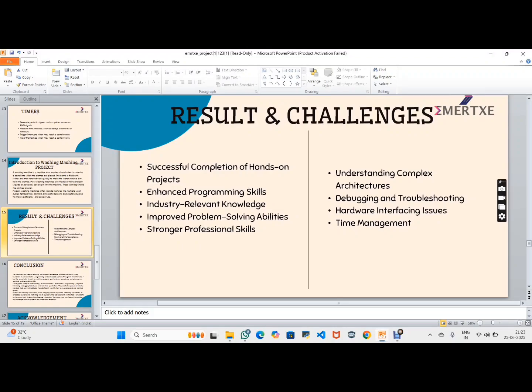Improved problem-solving abilities. From this, I am able to solve problems like coding in embedded system C programming, and I gained stronger professional skills, understanding complex hardware and software architecture, how to implement it, and how to load files in the implementation of a washing machine.